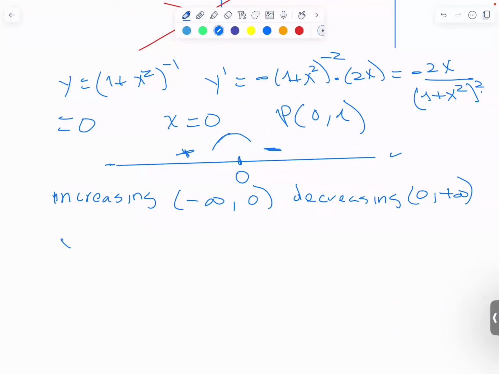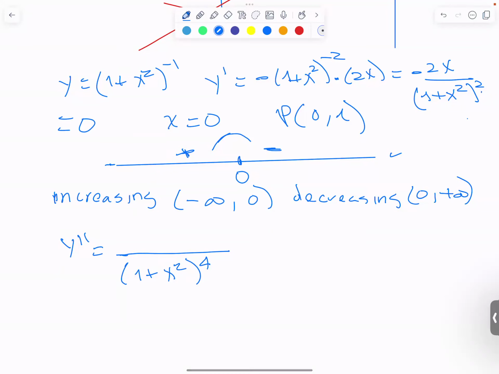To find concavity, we need the second derivative. I'm going to do the second derivative using the quotient rule rather than the chain rule. The bottom is going to be (1 plus x squared) to the second power squared, which is to the 4th power.